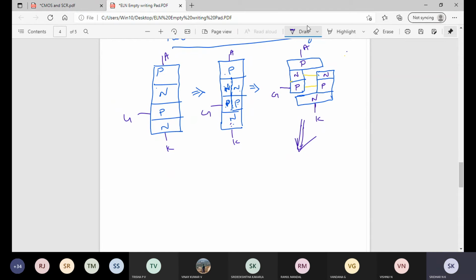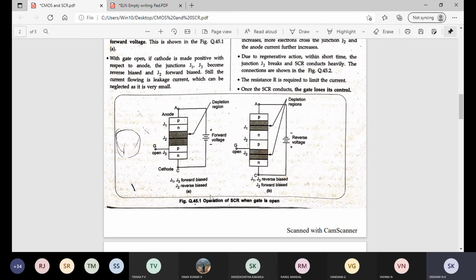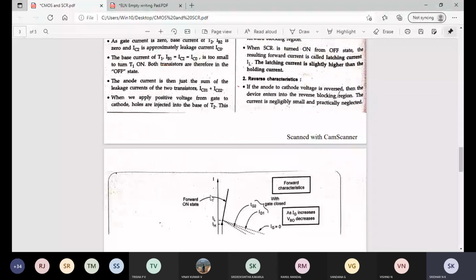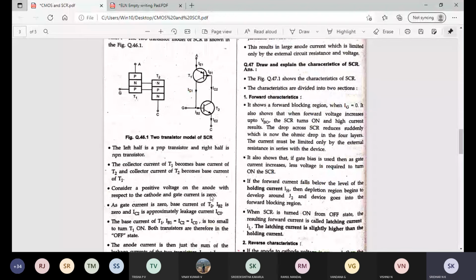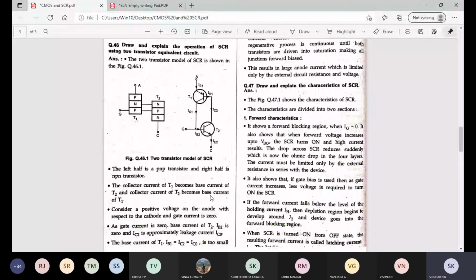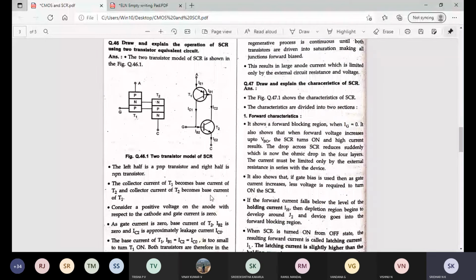See, this is the PNP transistor, and this is the NPN transistor.